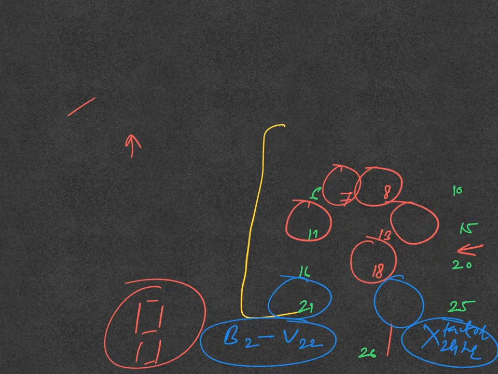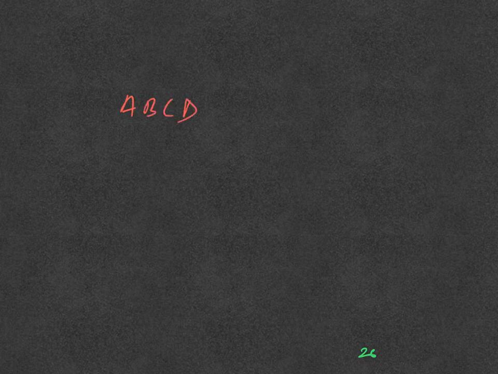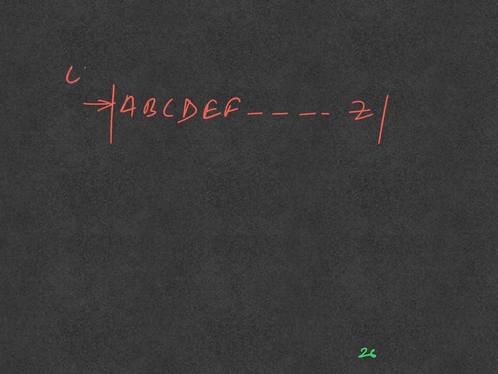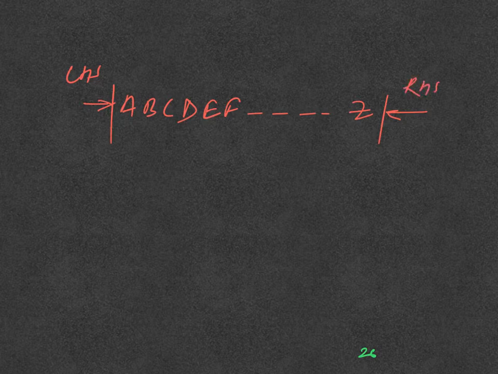Okay, now, so this is the alphabet series up to Z. So just now we learned the values from the left hand side. Now second, we have to learn the values from the right hand side.